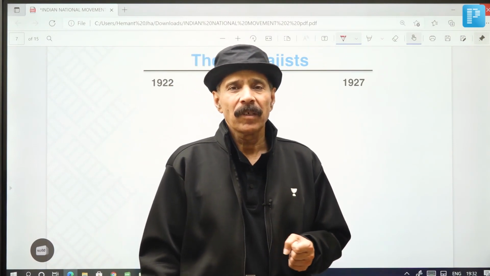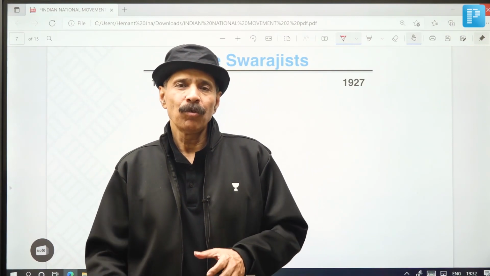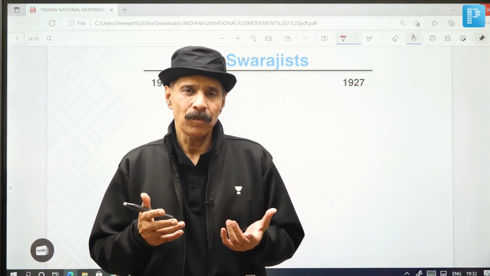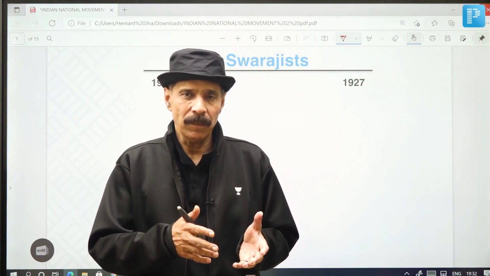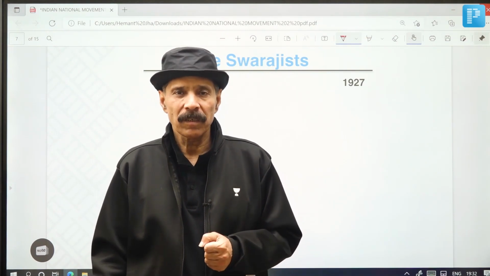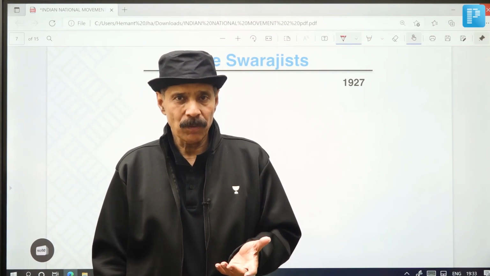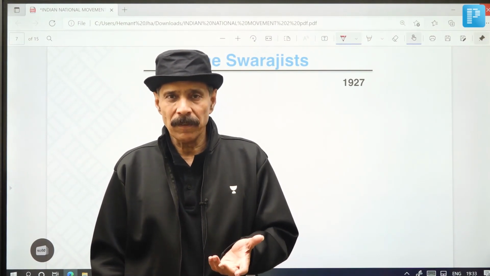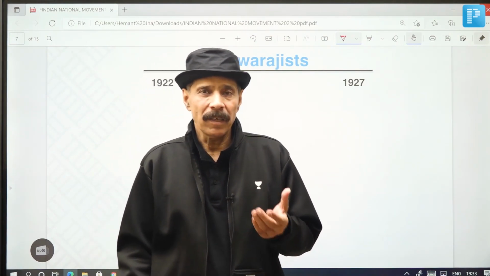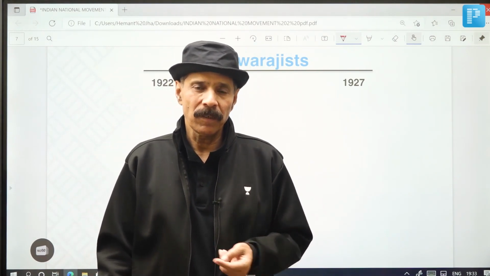In fact, in 1922, a group of Congress leaders, two important being Motilal Nehru and Chittaranjan Das, presented the proposal that Congress should fight elections now, since there was no movement, and enter the legislature and present nationalistic demands there and create pressure on the government.